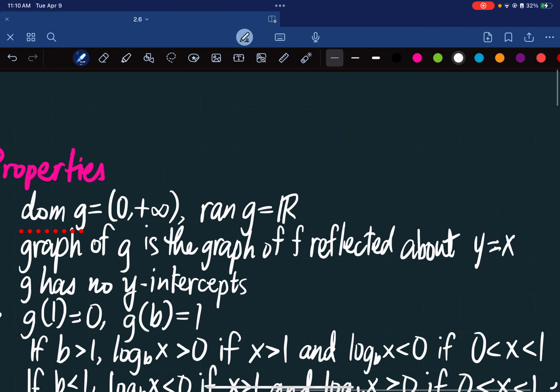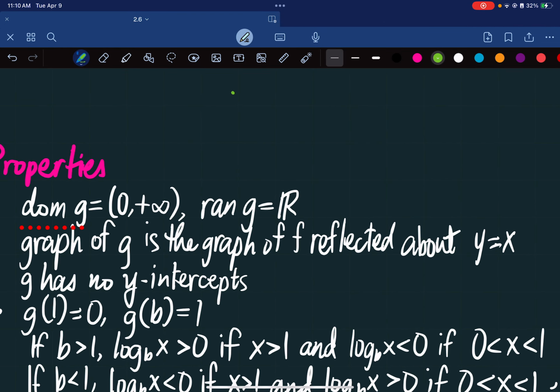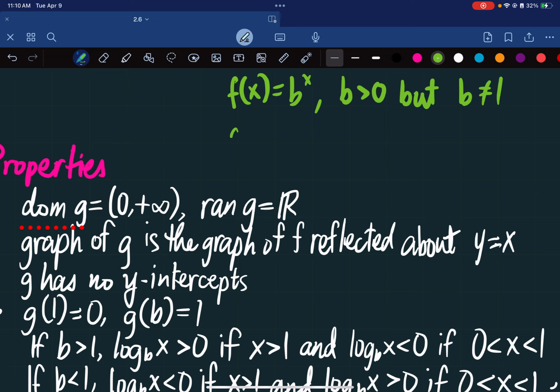So first, recall that if you have f of x equals b raised to x, where b is greater than 0 but b is not equal to 1, the domain of this one is R, and the range of this one is the open interval 0 to positive infinity.